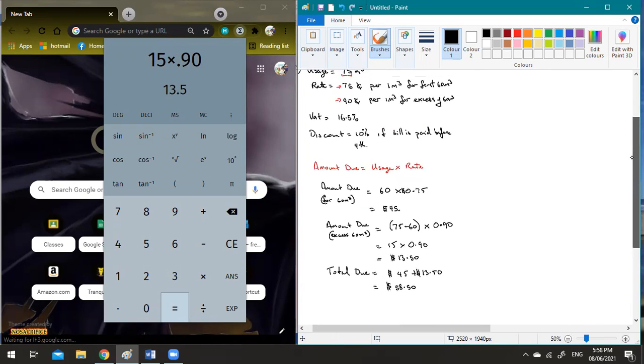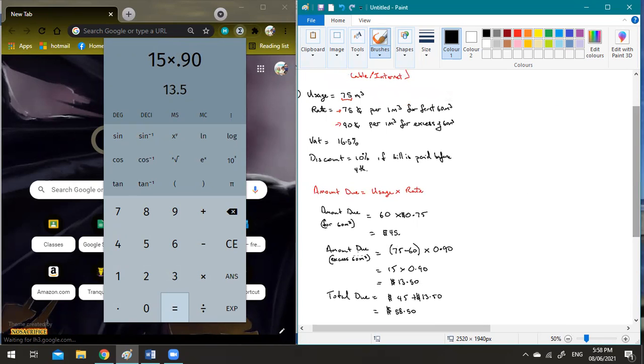Now, remember, VAT will be charged based on this, right? So the VAT amount is 16.5% of this total amount, which is $58.50.